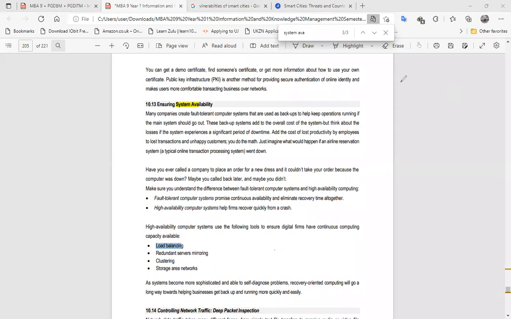So let's say there is a cloud, right? And you are supposed to be accessing, maybe they call them instances, where your information is in the cloud.